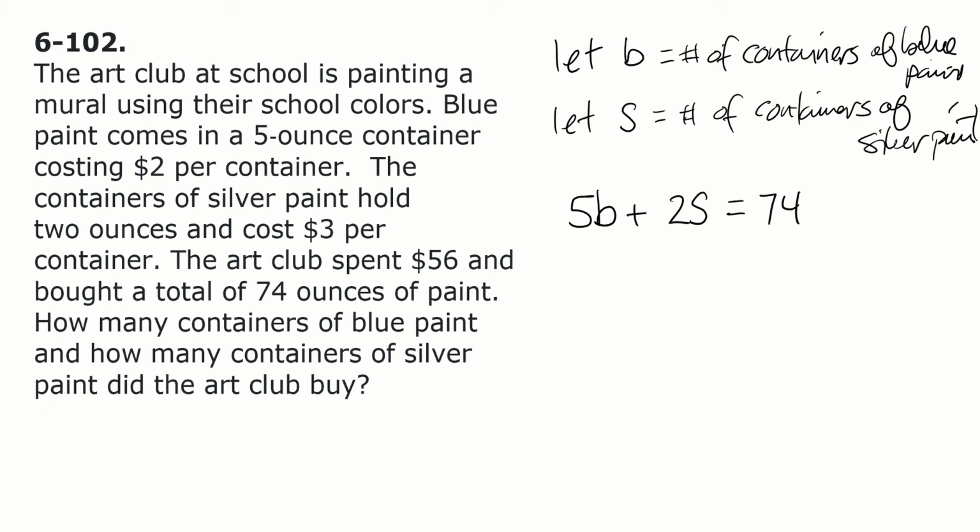Let's see, the other equation is for dollars. The blue containers cost $2 each, so $2 for every blue container, plus the silver paint costs $3 per container, so $3 for every single one of the s's, and that equals $56.